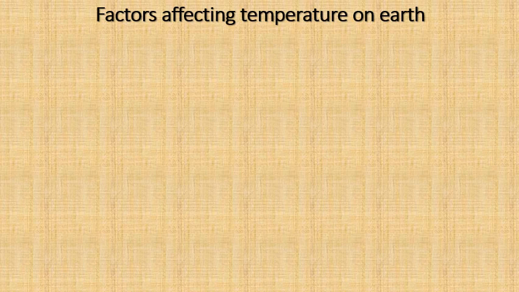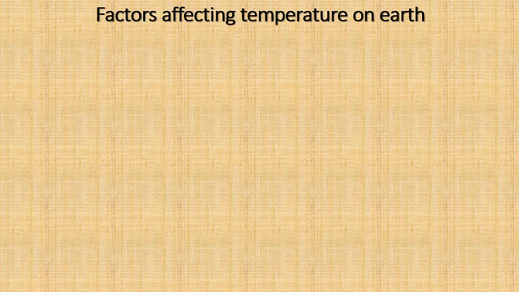And you will hear the word factors not just in geography but in physics, in chemistry, and even in biology, or even in other sciences or other subjects. So factors is nothing but the reason, or what are the reasons that change temperature, either increases it or decreases it. So if you start thinking, or in other words reasoning, you will obviously get the answer.